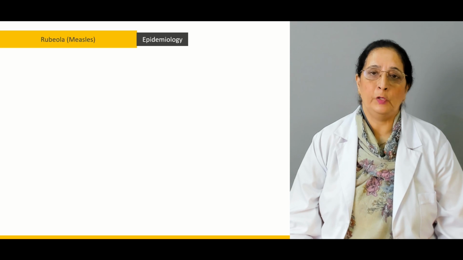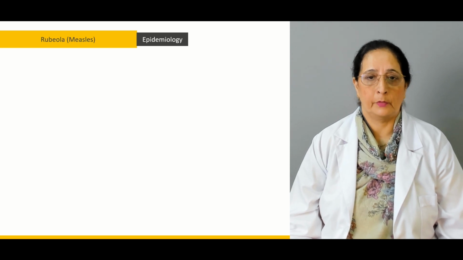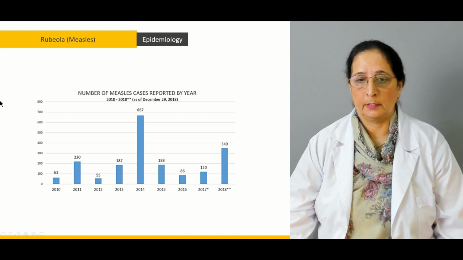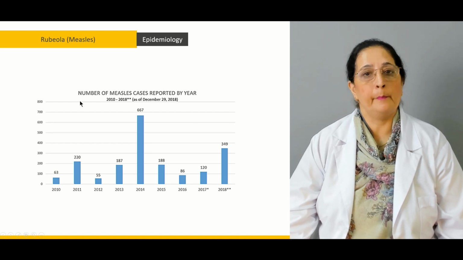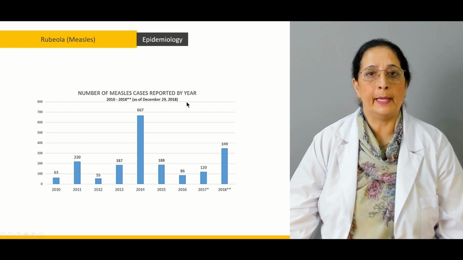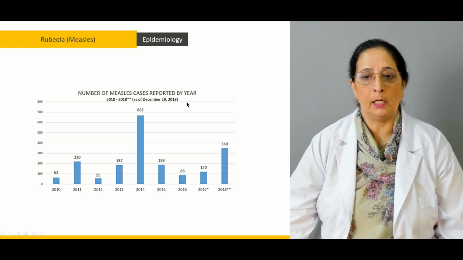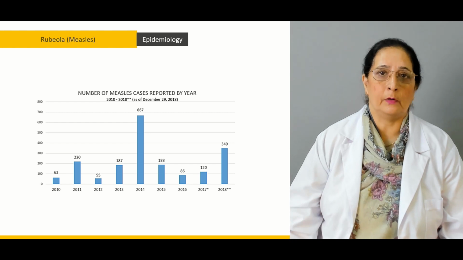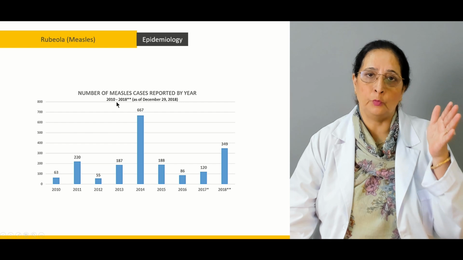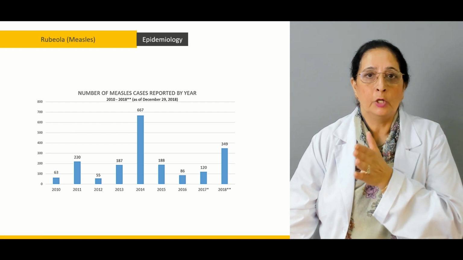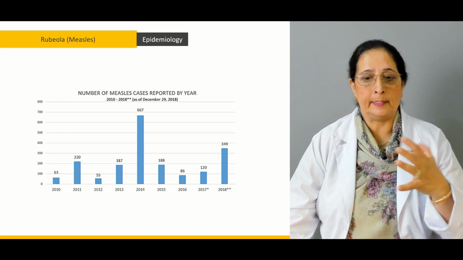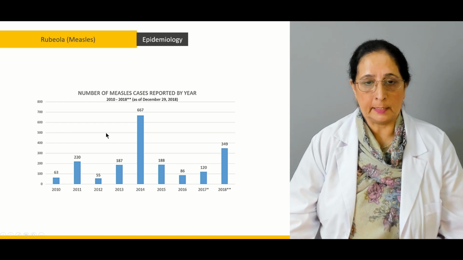The epidemiology of rubeola. Here in this chart, you can see the number of measles cases reported by year. So these are annual statistics of the measles infection, from the year 2010 to 2018, so it's eight-year statistics of measles.